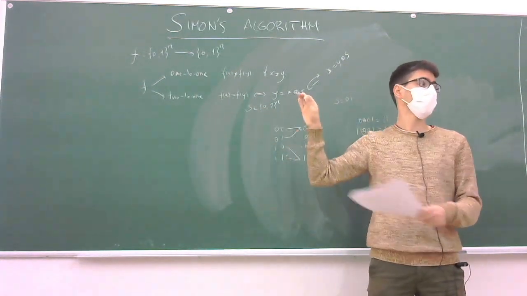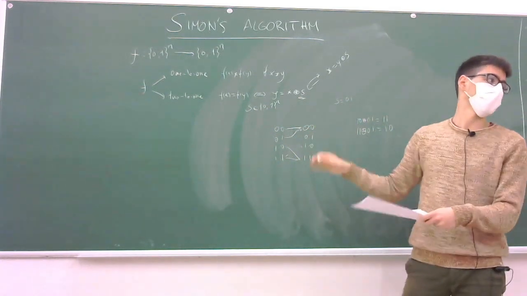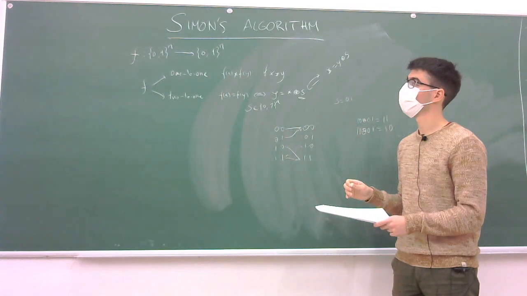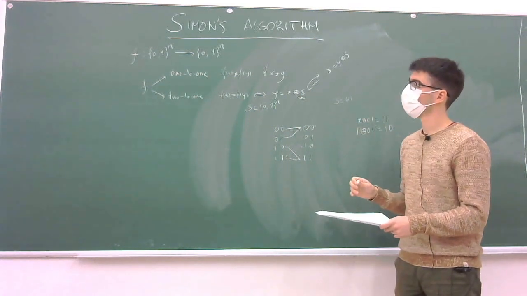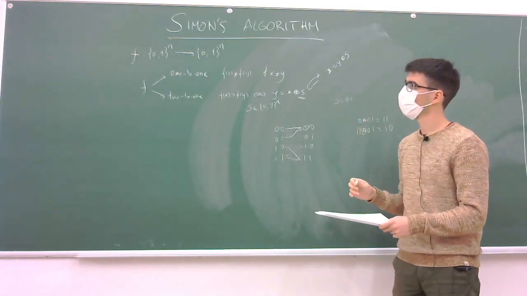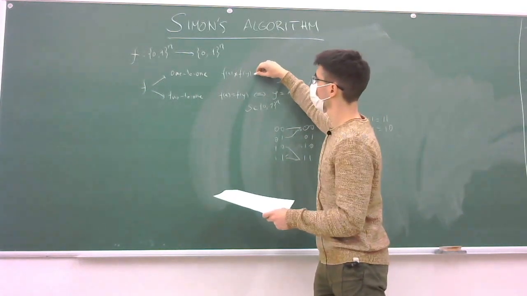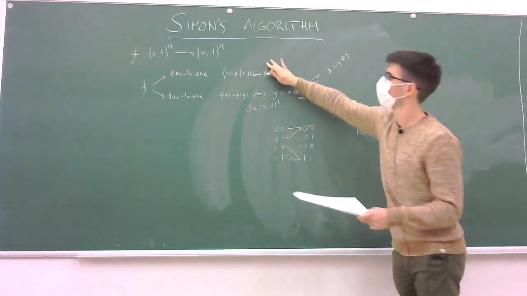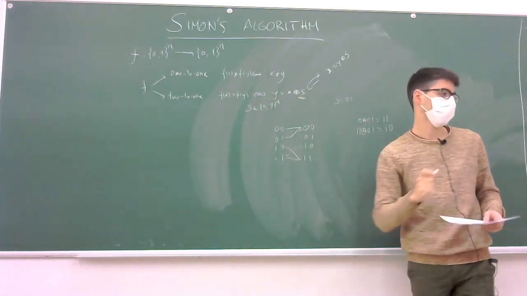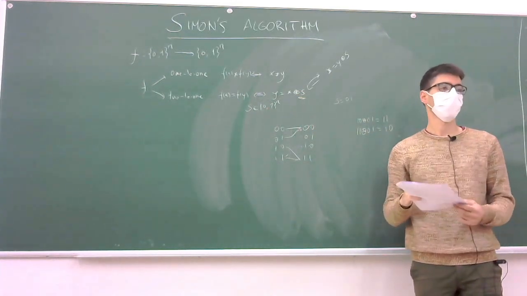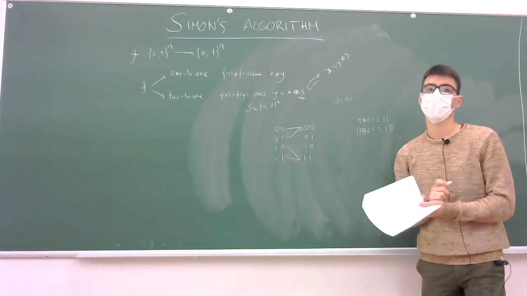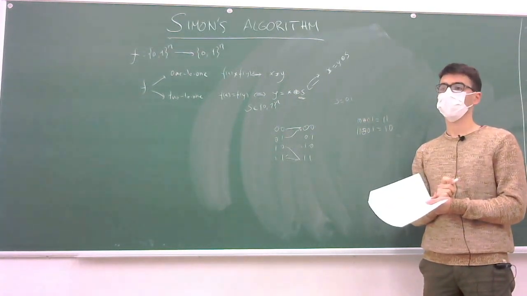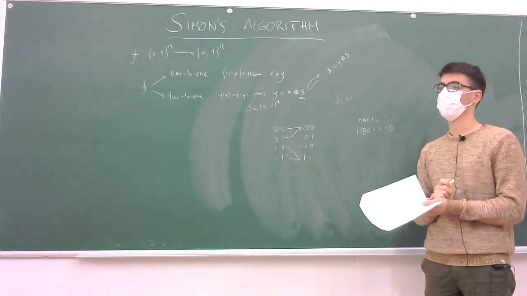Yes, it's important to have these ideas clear in order to understand the algorithm. So, quick thing, when you say f(x) equals f(y), you mean if and only if x is different to y, right? I think this arrow should go from right to left.